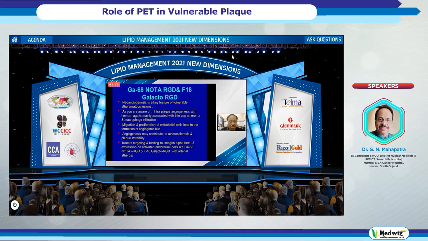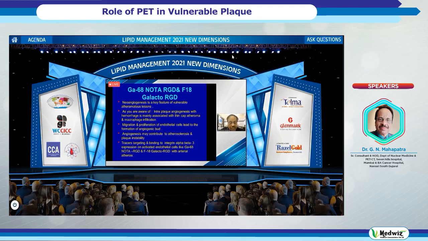So neoangiogenesis is a key feature of vulnerable atheromatous regions. As you are aware, intraplaque angiogenesis with hemorrhage is mainly associated with thin cap atheroma and macrophage infiltration. Migration and proliferation of endothelial cells lead to the formation of angiogenic vessels. So angiogenesis may contribute to atherosclerosis and plaque instability.